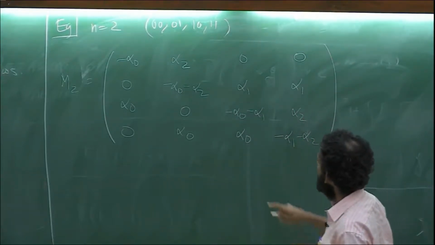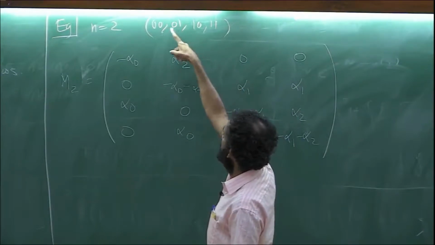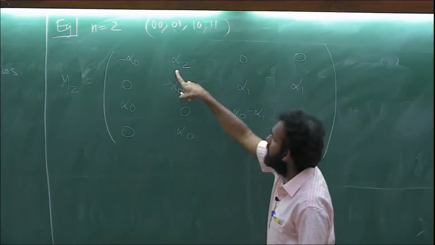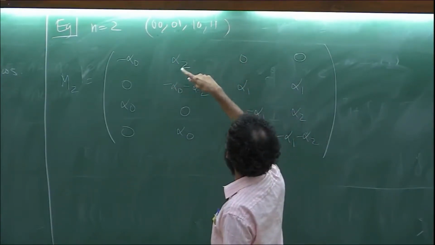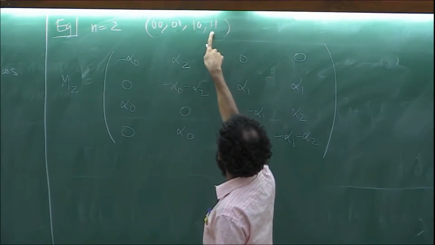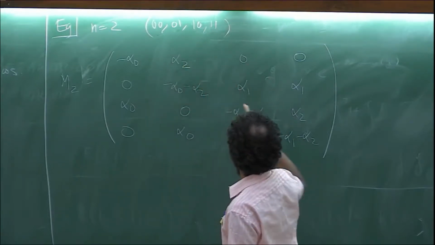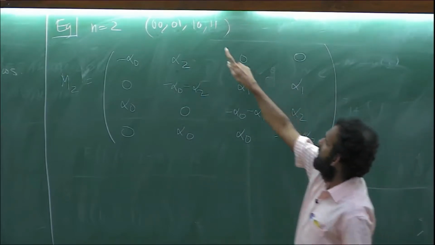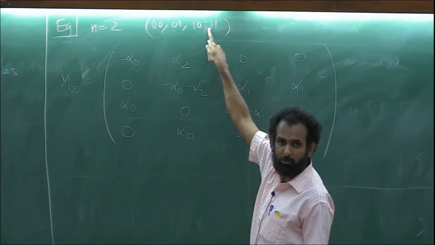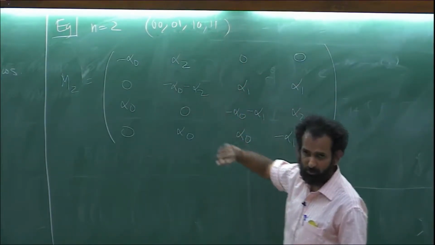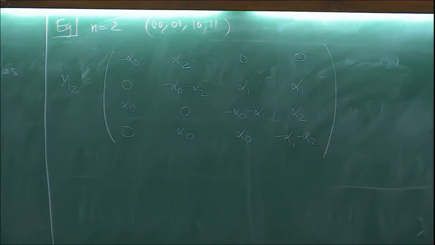So for example, 0, 1 goes to 0, 0 with rate alpha 2, and 1, 1 goes to 0, 1 with rate alpha 1, because if the first particle hops out, it'll jump out of the system. So that's this.